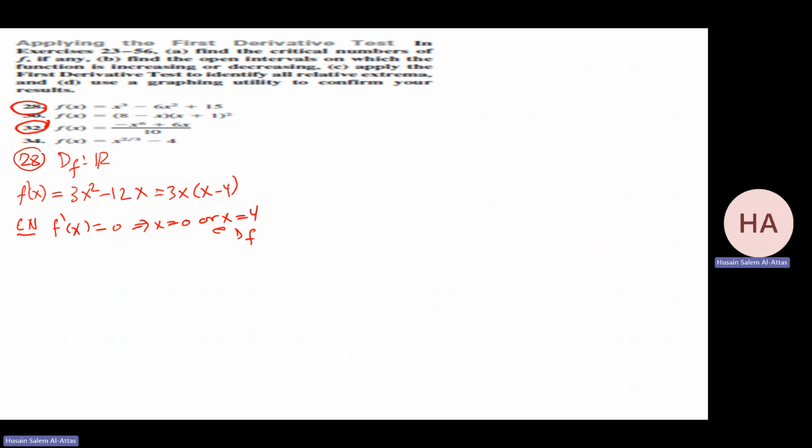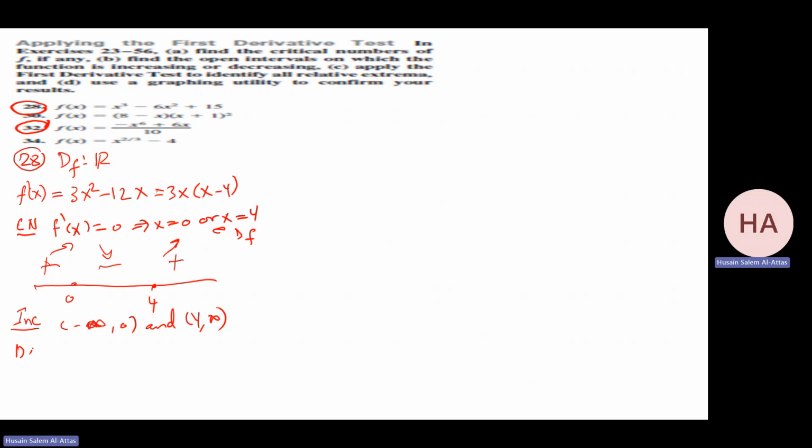Now we'll check the sign of f prime. So I'll put 0, we'll put 4, take a value less than 0: negative, negative, that will be positive. Between 0 and 4, take 1, it will be negative. More than 4, it will be positive. So it's increasing, decreasing, increasing. So it's increasing from minus infinity to 0 and 4 to infinity, and decreasing from 0 to 4.